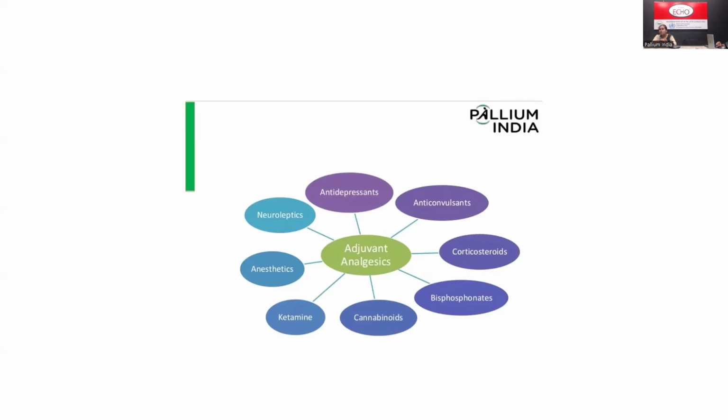Anesthetic, for example, lignocaine. We used to give local application of this lignocaine for what? In piles or in hemorrhoids, in fissures, or if there is any ulcerations, we used to give this local. We used to give this local analgesics, right?